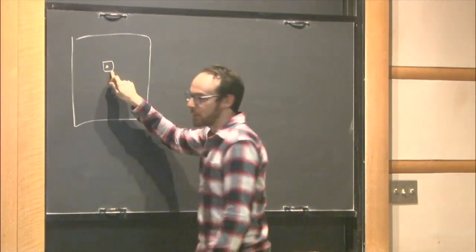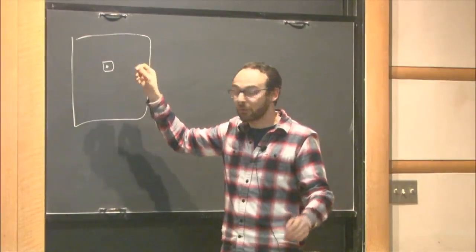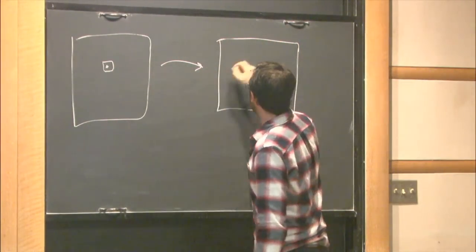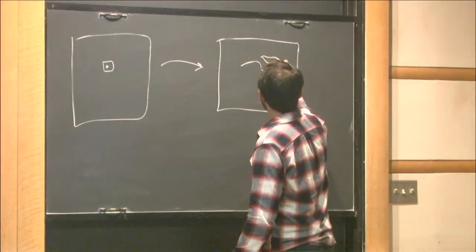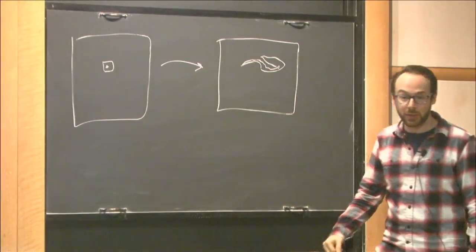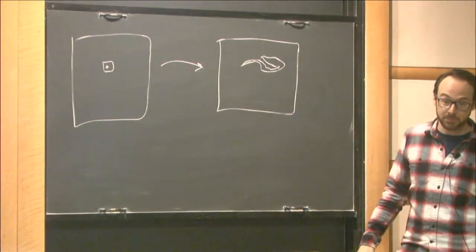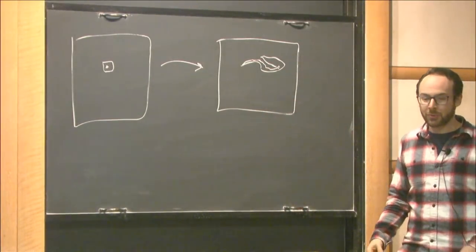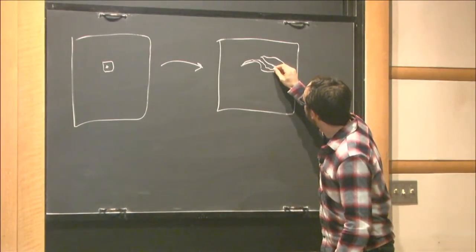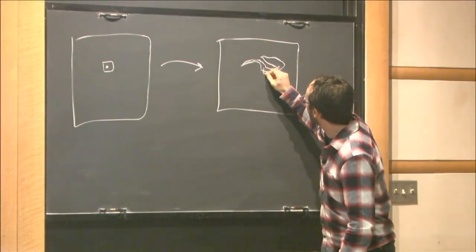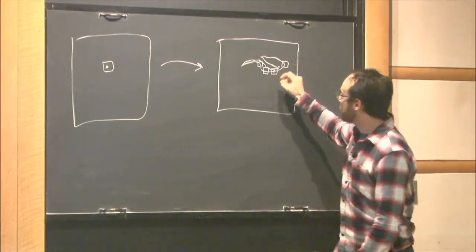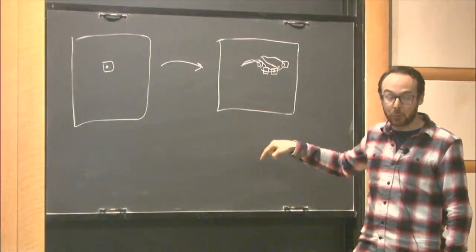I smear in an epsilon pillbox, and then I map it forward. Because it's volume preserving, this pillbox might get a little funny, but when I map it forward, it has the same volume, right? And so now I can smear again in an epsilon pillbox of each neighborhood, and then map it forward again.